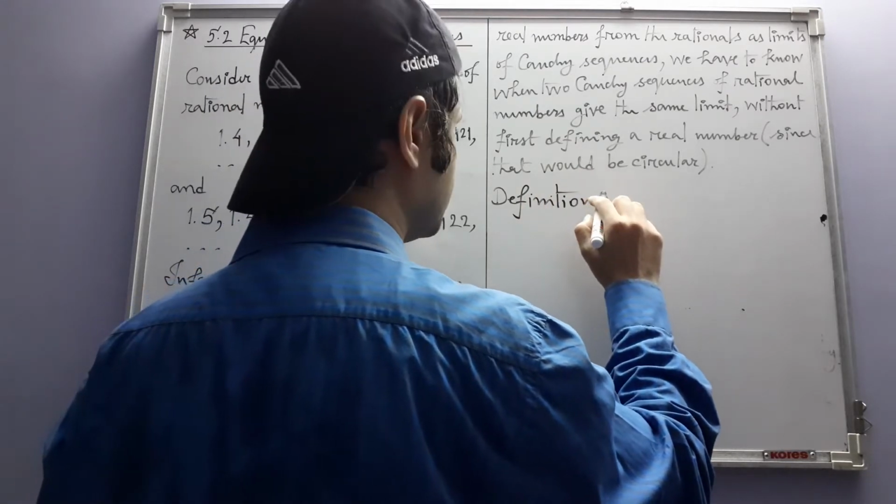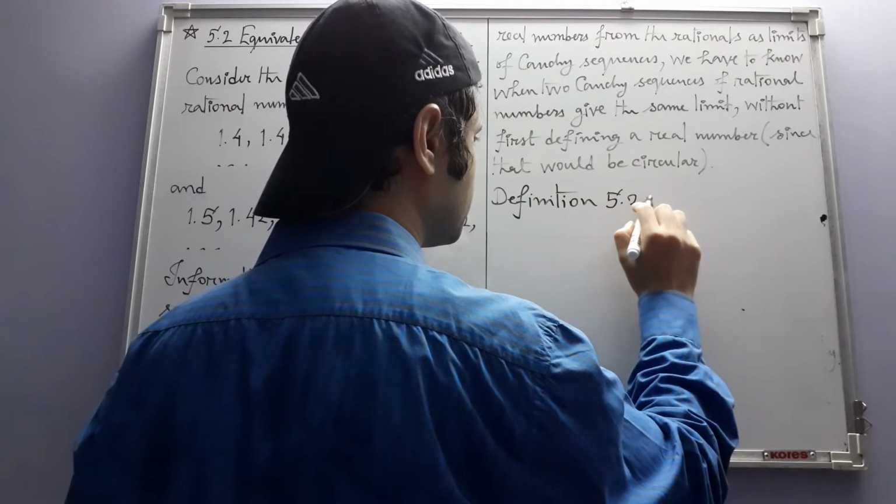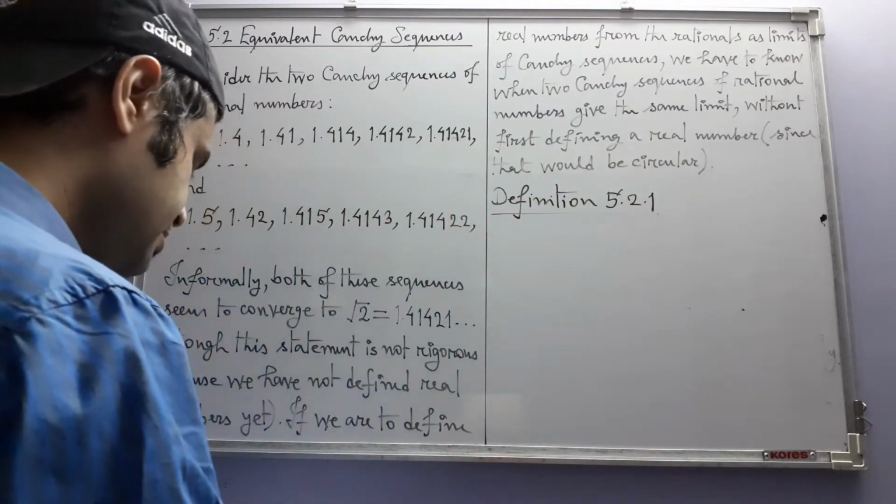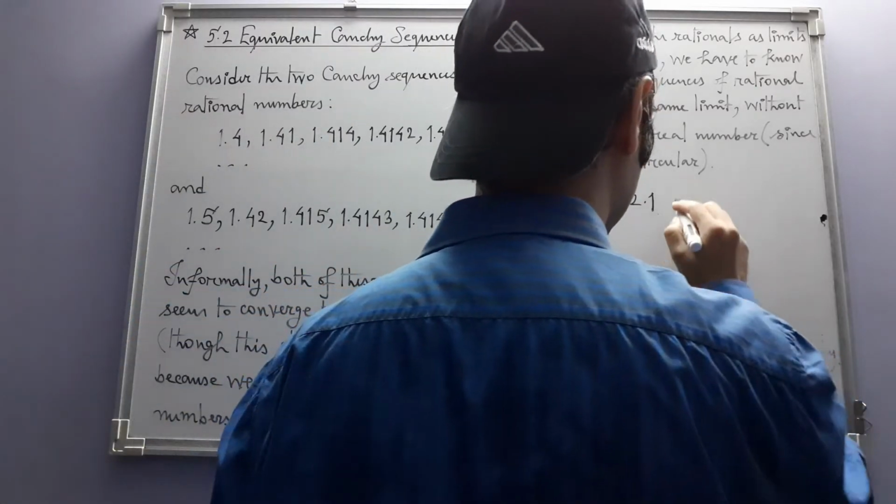This is definition 5.2.1, and this is epsilon closed sequences.